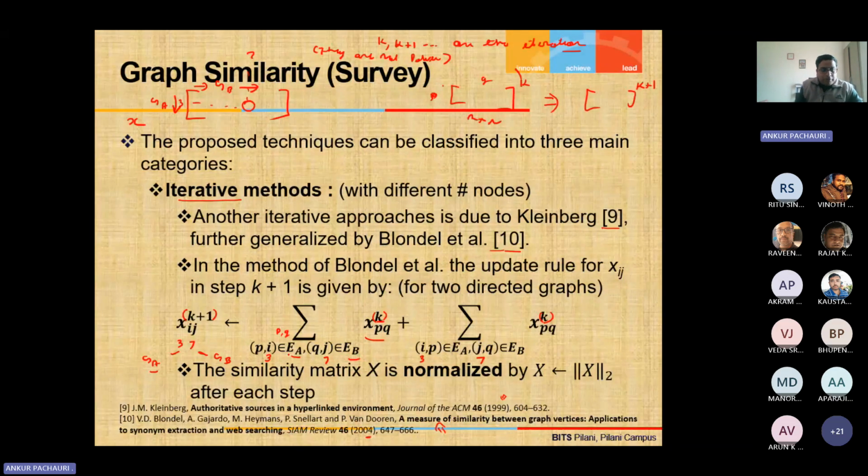Suppose, for example, all those PIs from EA. PI means all those edges whose end node is 3 from EA. So what does it mean?